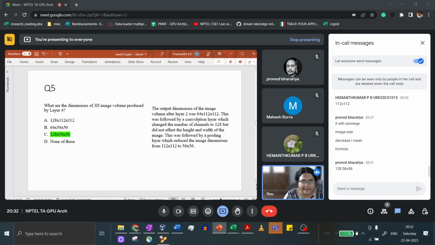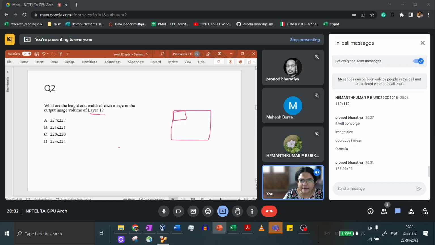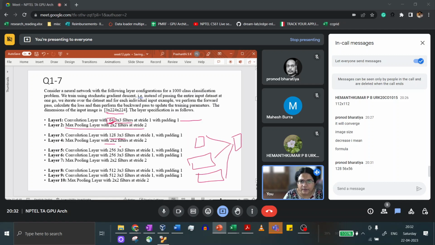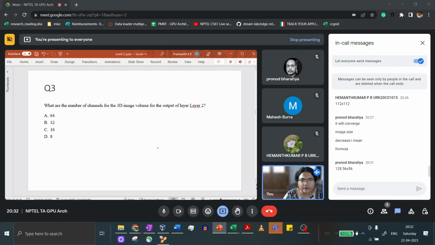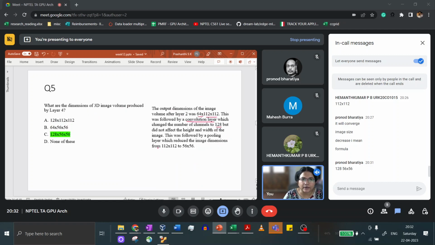Yes, that is the right answer. So remember, after layer 2 we had 64 channels of 112 cross 112, and after this there was a convolution layer, and because of the number of filters there, the number of filters was 128. So now the channels change to 128, and the height and width were not affected. Again, you can use the formula and verify this.